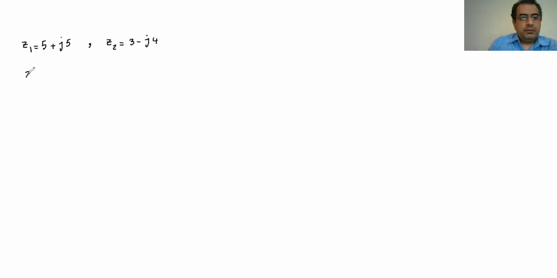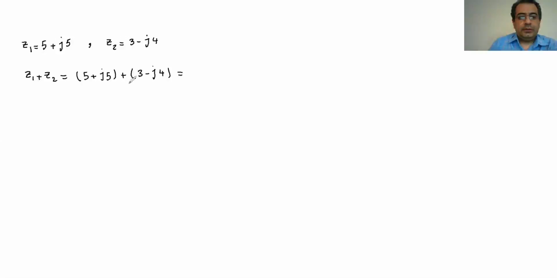So z1 plus z2: simply do it as you do it in regular math, so we have 5 plus j5 plus 3 minus j4, and then add the real parts together, add the imaginary parts together.